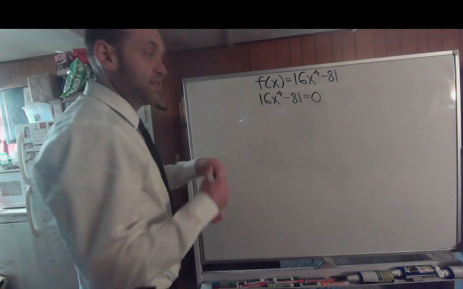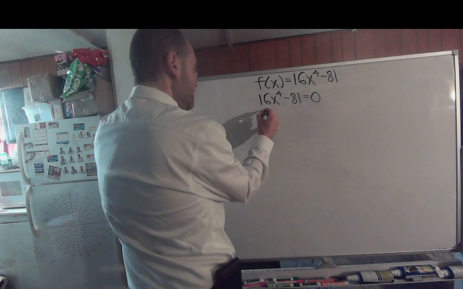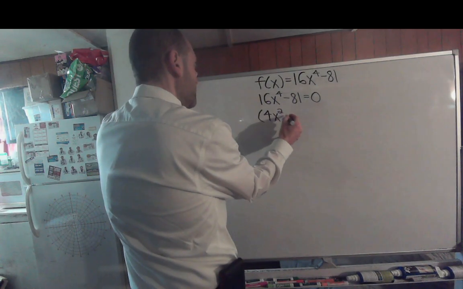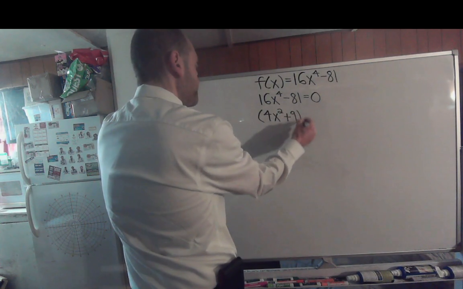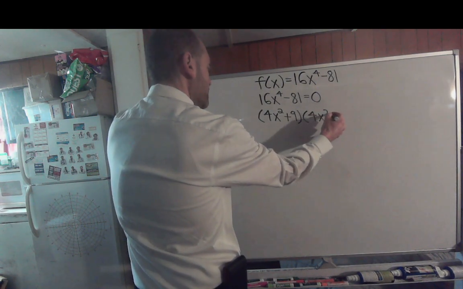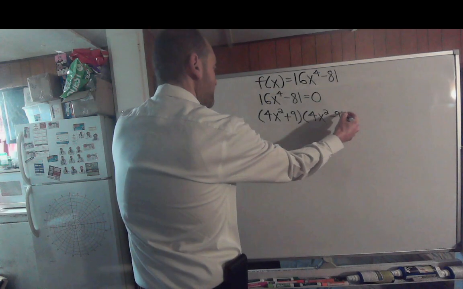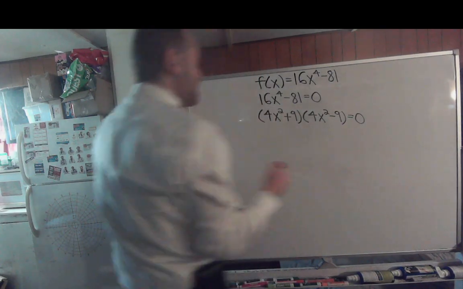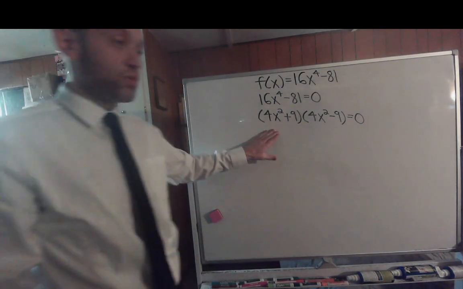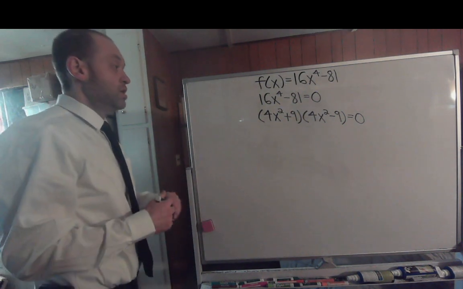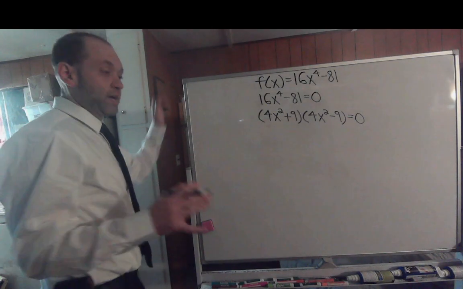We definitely have a difference of 2 squares. So this would factor into 4x squared plus 9 times 4x squared minus 9 equals 0. Now, you have a sum of 2 squares and a difference of 2 squares as your factors. Well, we can break this down further.